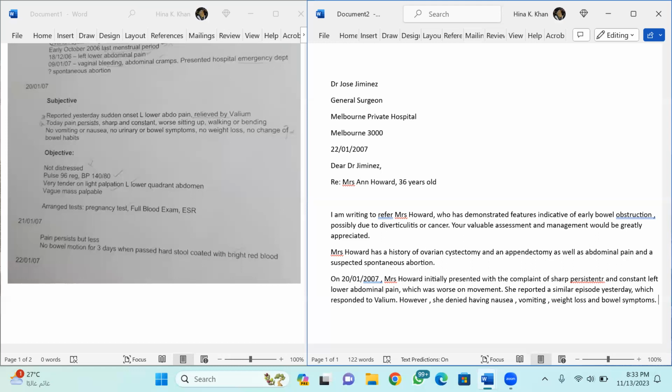Or if you want to mention this, although these are negative findings, if you're writing to a surgeon, it is relevant for him, because these kinds of symptoms can present if there is any obstruction, or any appendix problem, or any mass causing symptoms, weight changes, everything. This is important. But if you are writing to any other occupation, you can skip this because these are negative findings.